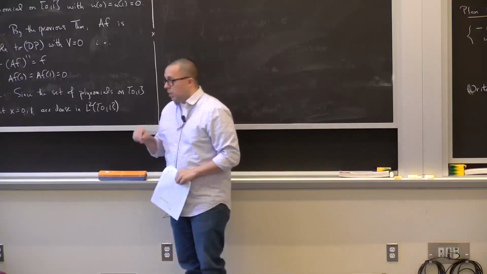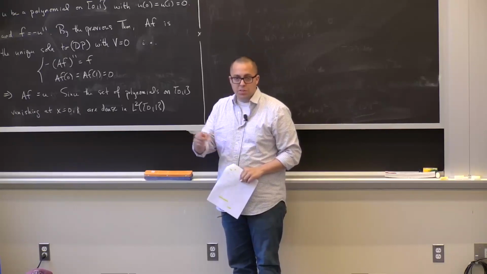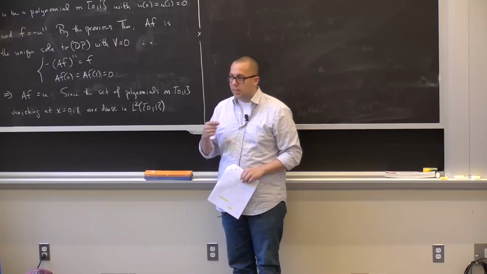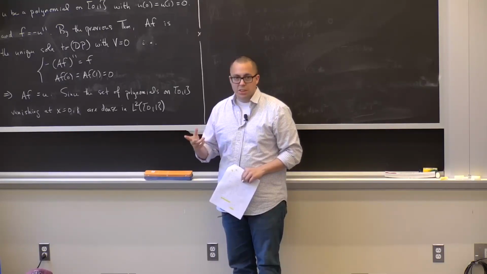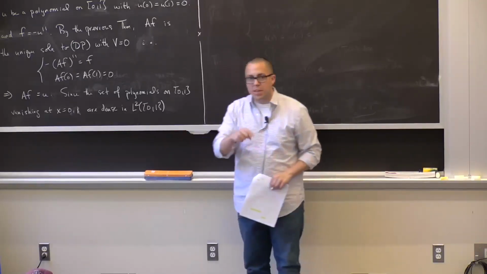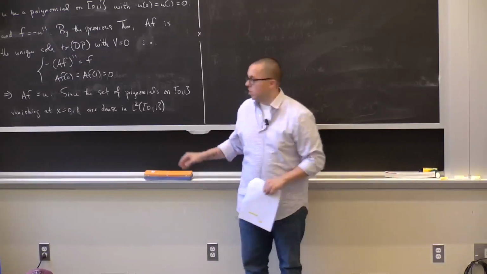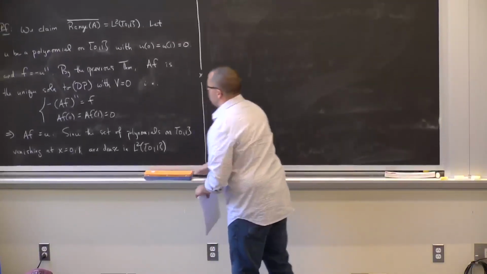And by the Weierstrass approximation theorem, every continuous function on 0, 1 can be approximated by a polynomial. And it's not too difficult to convince yourself that if that's the case, then I can also approximate every continuous function that's vanishing at the two endpoints by a polynomial that's vanishing at the two endpoints. Okay? So since I can approximate every continuous function on 0, 1 vanishing at the endpoints by a polynomial vanishing at the endpoints, then those polynomials vanishing at the endpoints are dense in L2 of 0, 1.